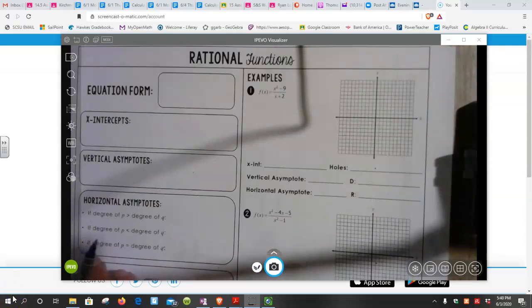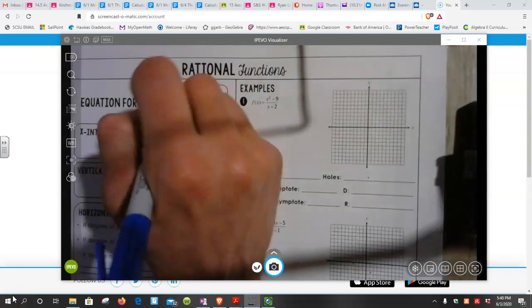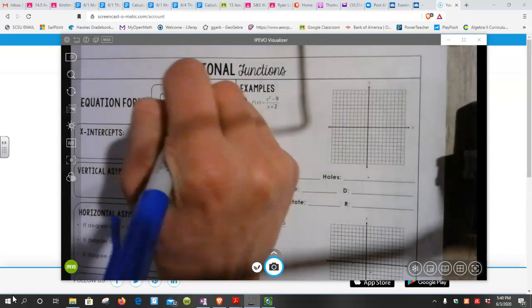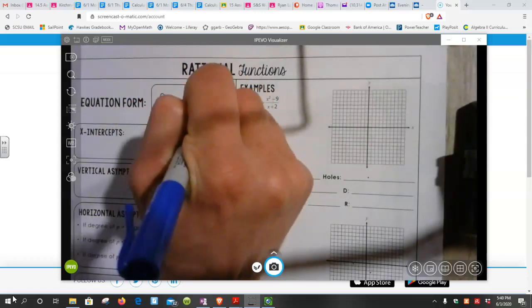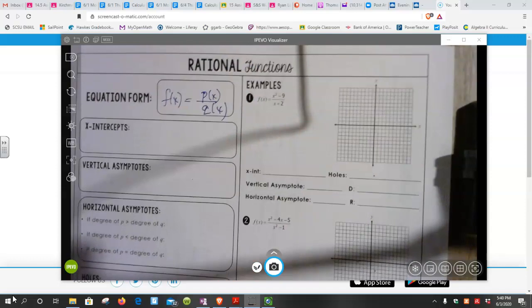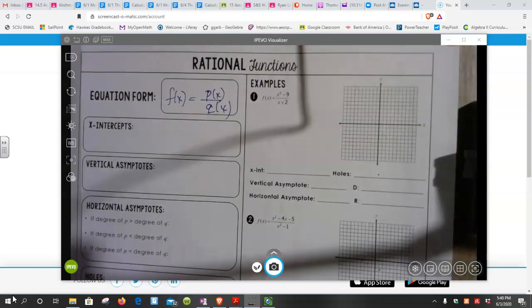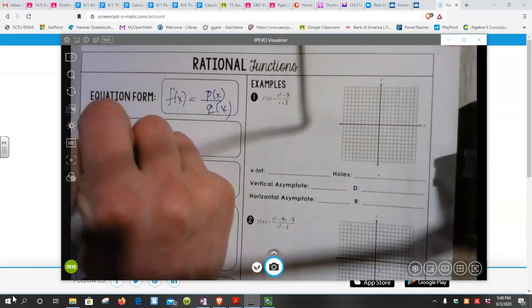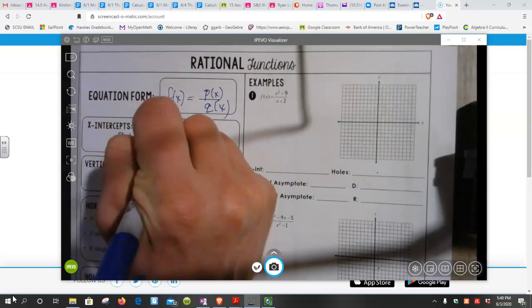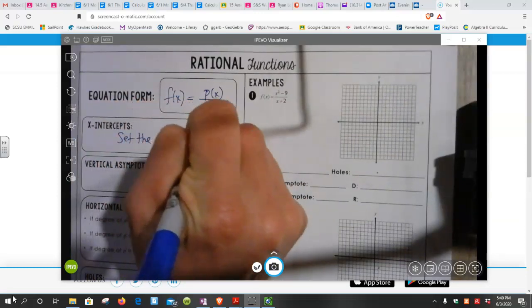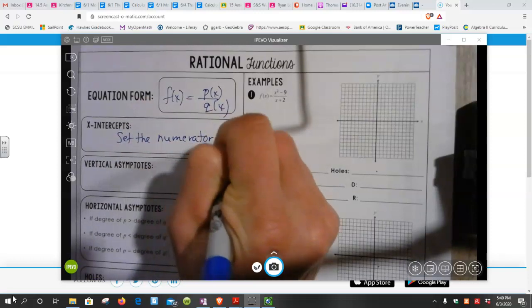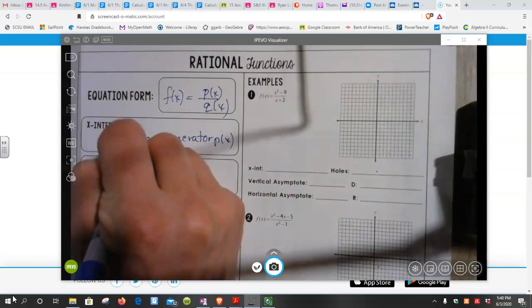For rational functions, the equation form looks like this: f of x is equal to p of x over q of x. We learned that. The x-intercepts are when we set the numerator p of x equal to 0.